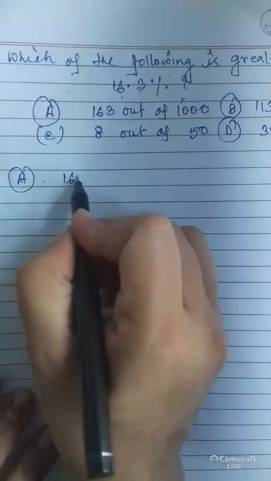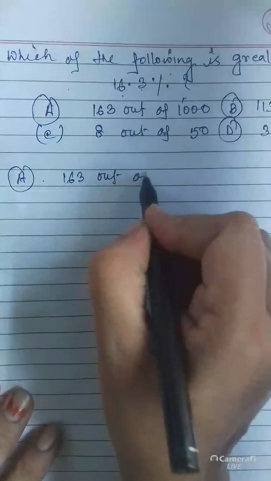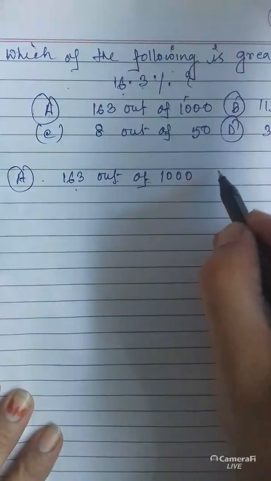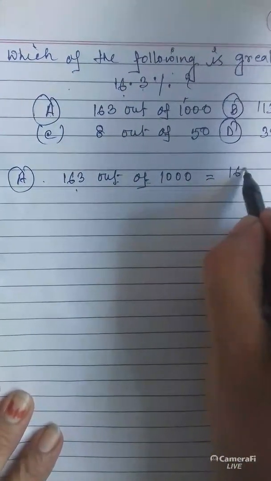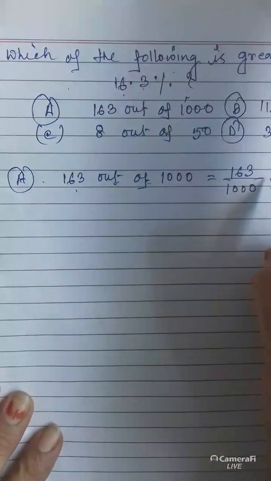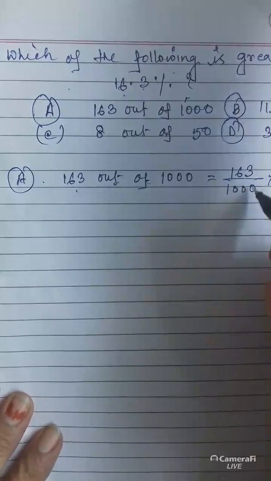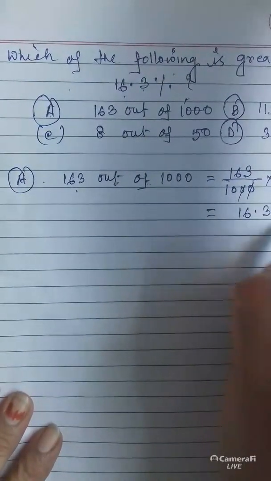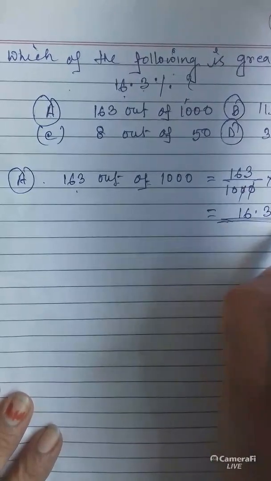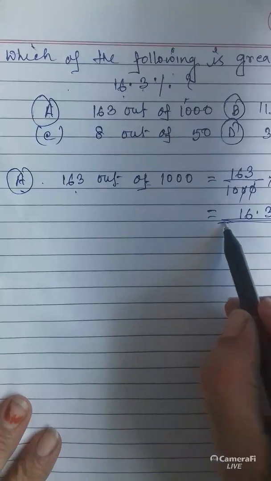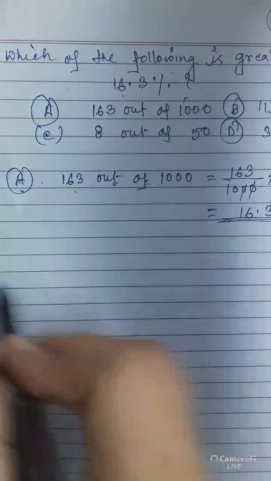Option A, 163 out of 1000 means 163 by 1000 into 100, zeros cancel, which gives 16.3%.